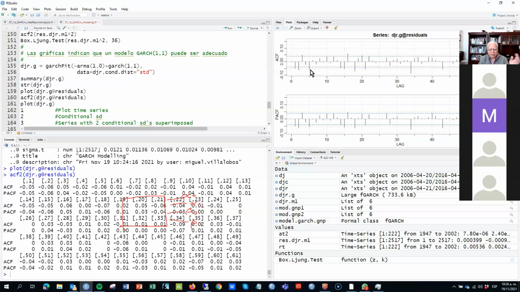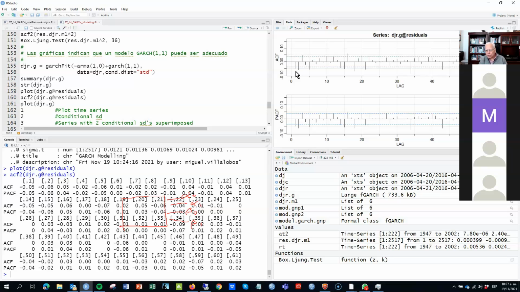So in that sense, we think that there's not a big issue with the residuals because there's no pattern. Okay. If I saw a strong pattern here, that means that I have to go back and correct the model, the GARCH component of the model. But this seems to be okay. Most of the ACF and PACF values of the residuals of the GARCH model combined with the ARMA model are non-significant. There's a few that are significant.